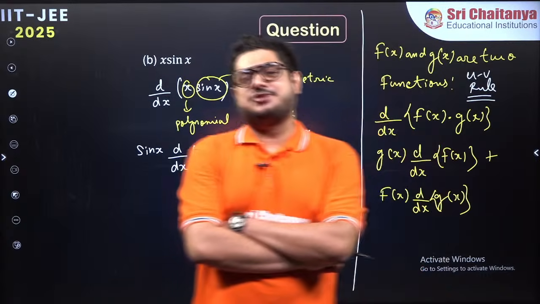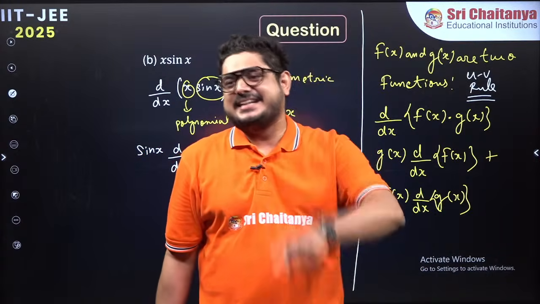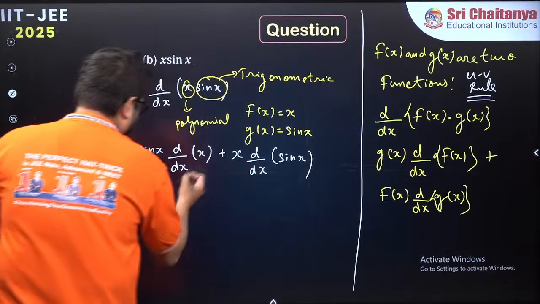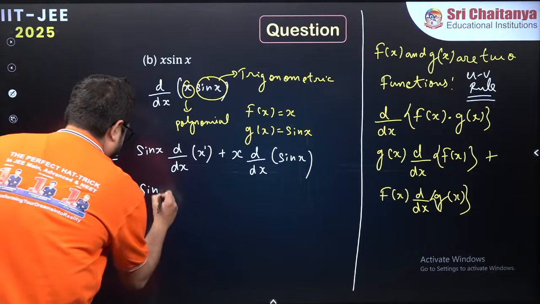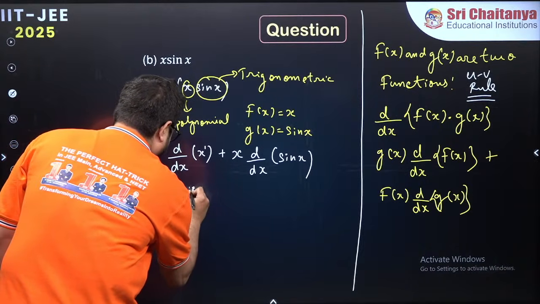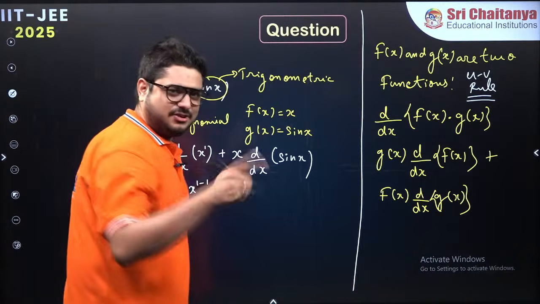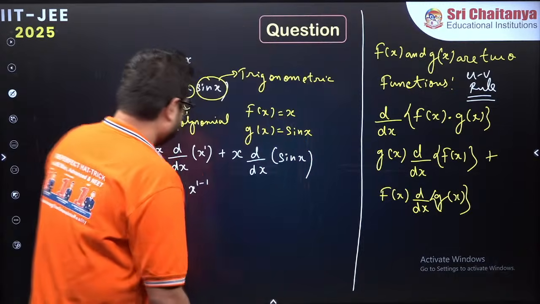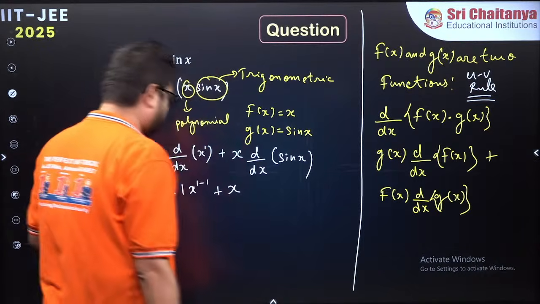Once again, what needs to be done? It is nothing but a polynomial with degree 1. So once again, I will say this is sine of x into 1 into x to the power 1 minus 1, isn't it? And x to the power n minus 1, we are getting it over there, plus x into, what is d by dx of sine x?